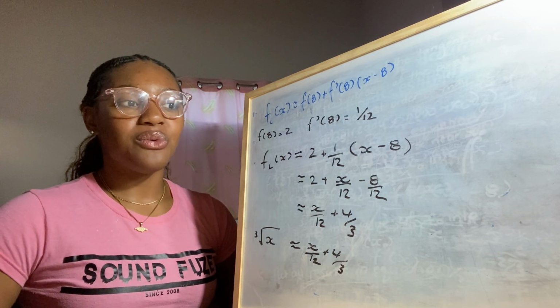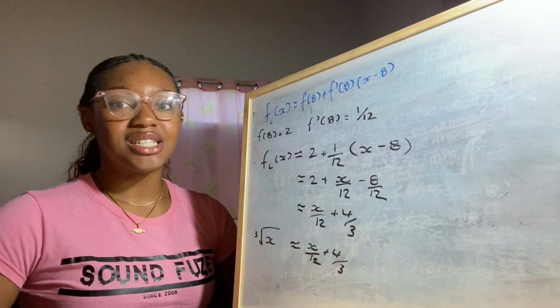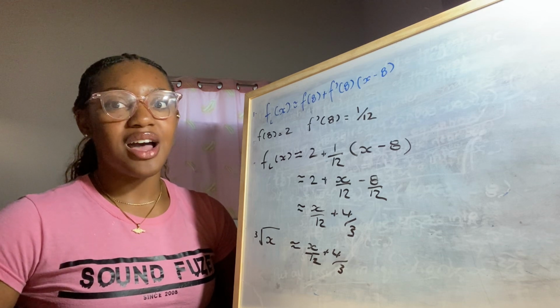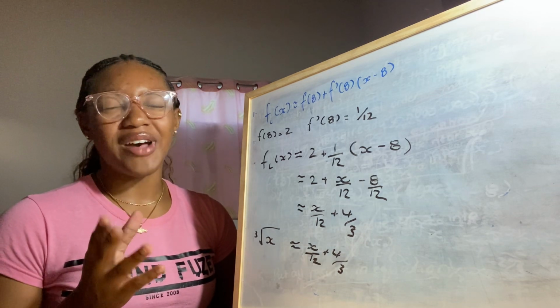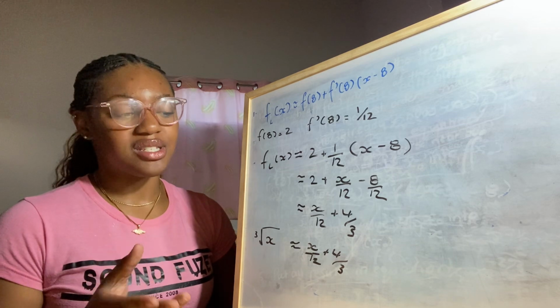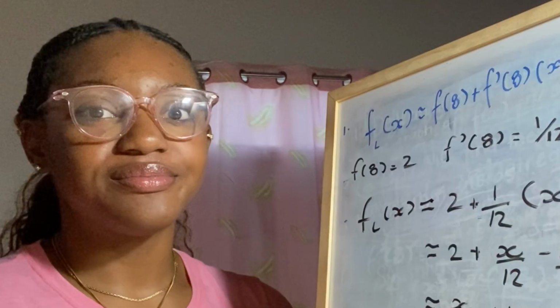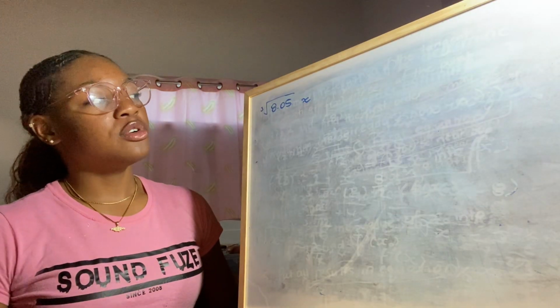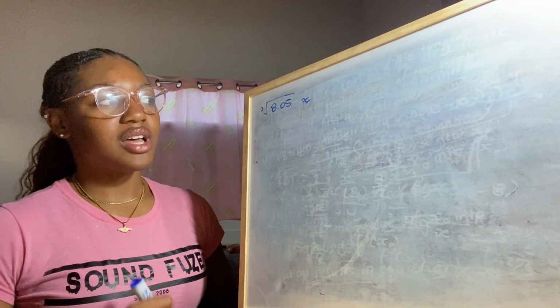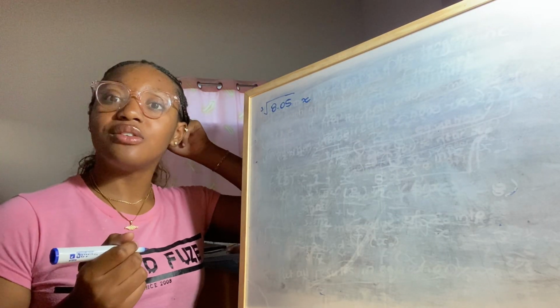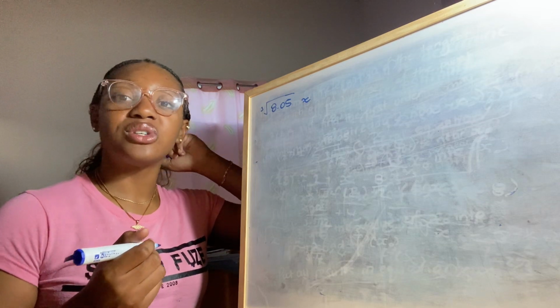So we want to find what is the cube root of 8.05. And we want to find this using our first order estimates, being the equation that we just found. So that's what we're doing. So we have the cube root of 8.05, and this is approximately equal to the function that we just found, the first order estimate.